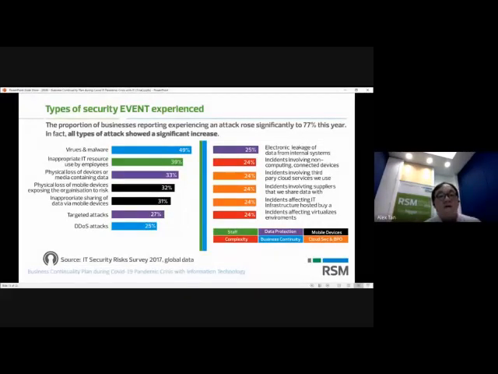You can see viruses and malware, inappropriate IT resources used by employees, physical loss of devices or media containing data, physical loss of mobile devices exposing the organizations to risk, inappropriate sharing of data via mobile device, targeted attack, DDoS attack.